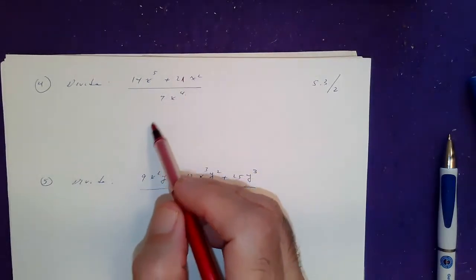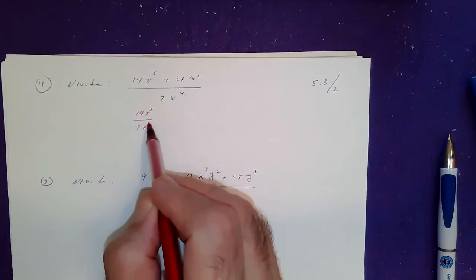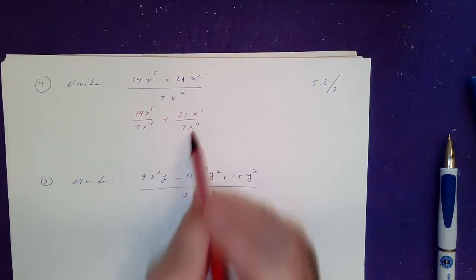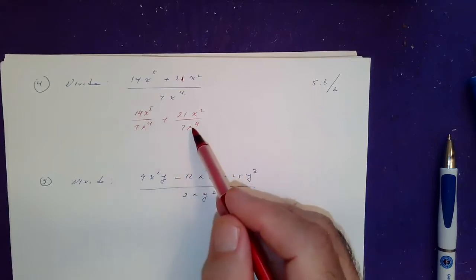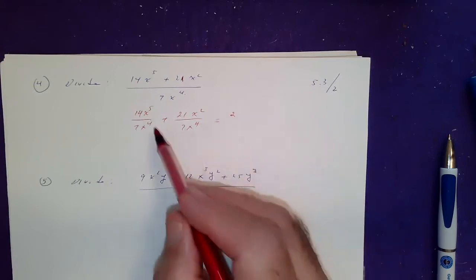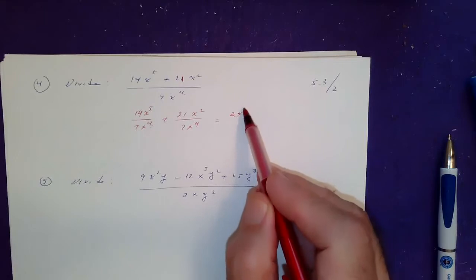So what you could do is split the fraction and write it this way. Right, like so. Now reduce each of these fractions to their lowest terms. So 7 goes into 14 twice. x to the 5th divided by x to the 4 is x to the 1st on top.